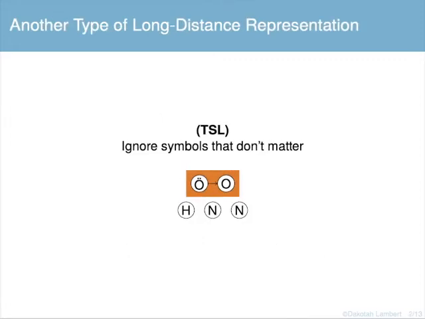However, another type of long distance representation is just ignoring the symbols that don't matter. This is tier-based strictly local. In this case, you have what looks like a local model with some other nodes scattered about, the domain elements that aren't connected, that aren't relevant.